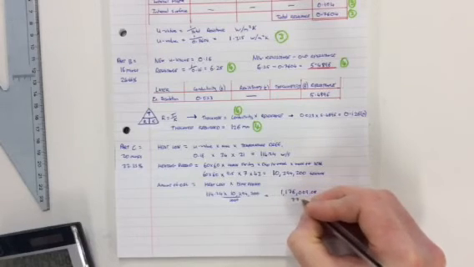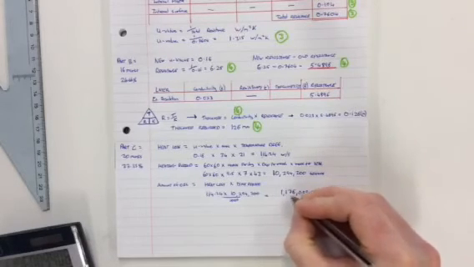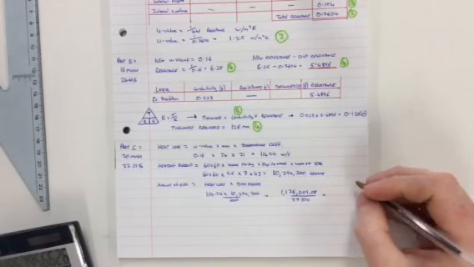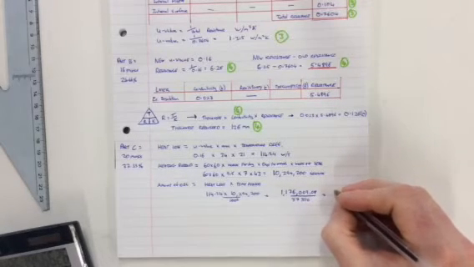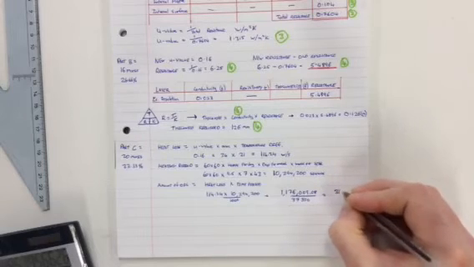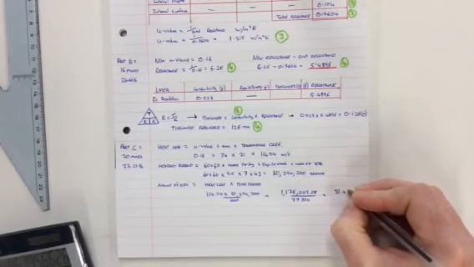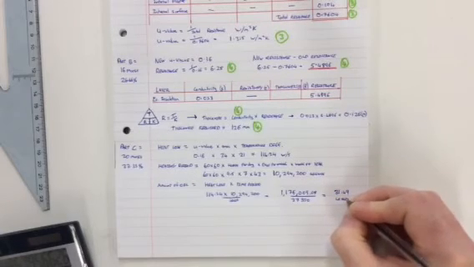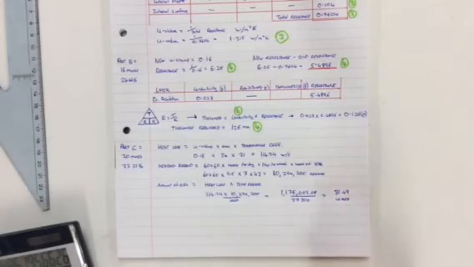So divided by 37,350. That gives us a value of 31.49 litres.